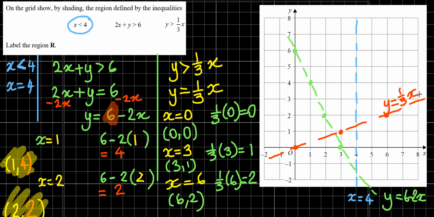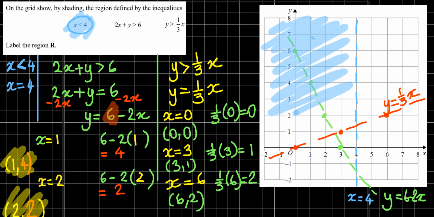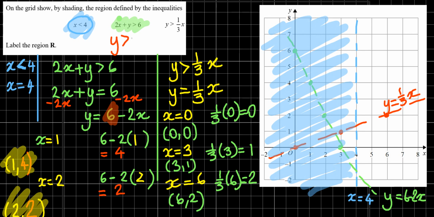Then I have to start shading in some regions. The first region I need to find is this region here. Let's use the same color. x is less than 4. If this is the line, x less than 4 is going to be this side of the graph. Then we've got y is greater than 6 minus 2x.